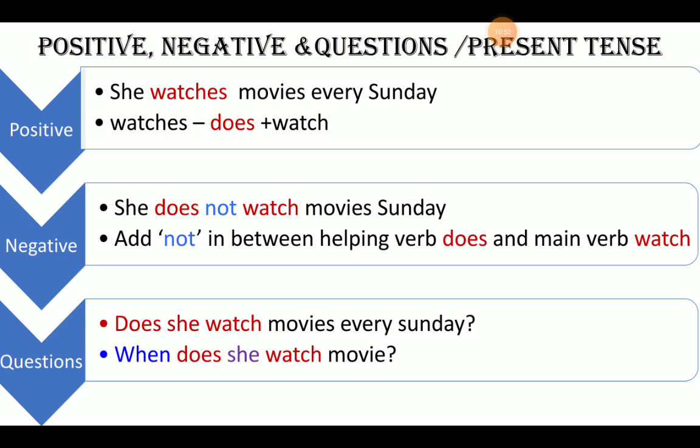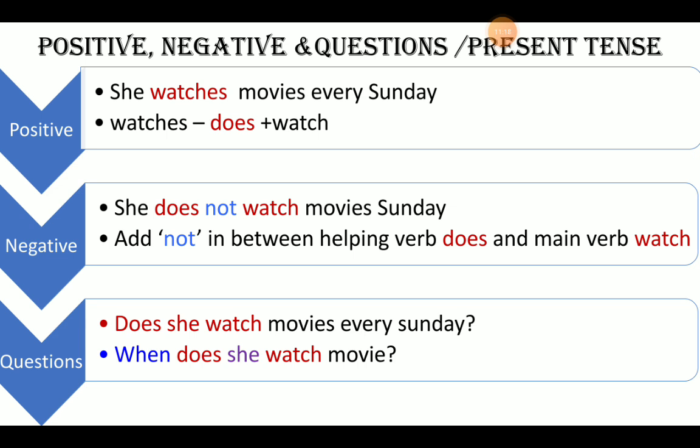Right? So what will be the answer? The answer will be yes or no, because it is a yes or no question. For a yes or no question, the helping verb should be at the beginning, right?